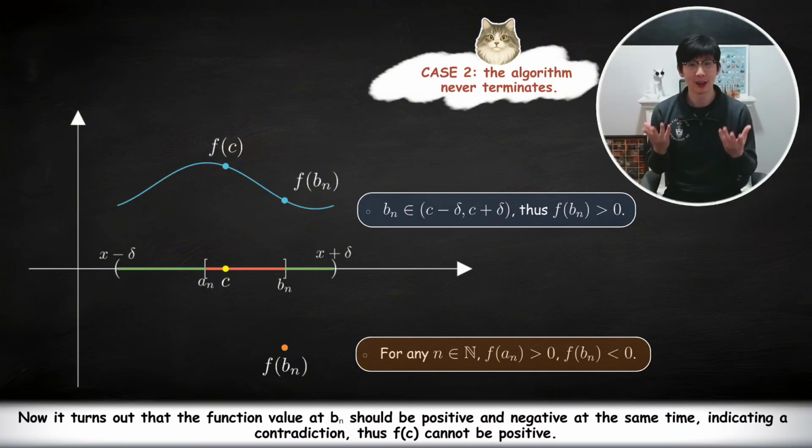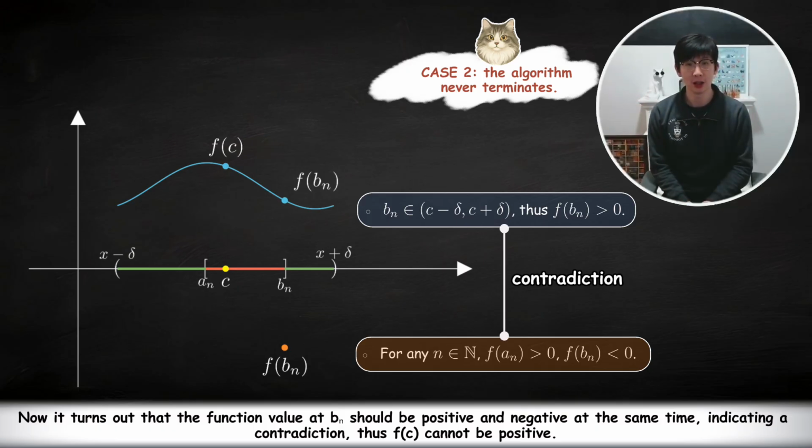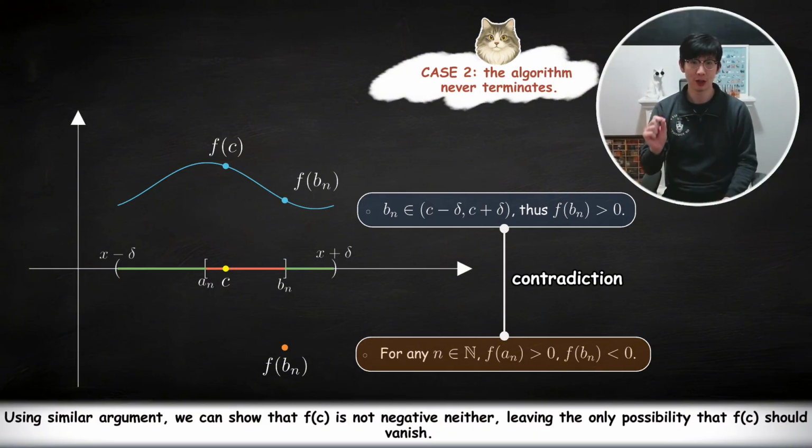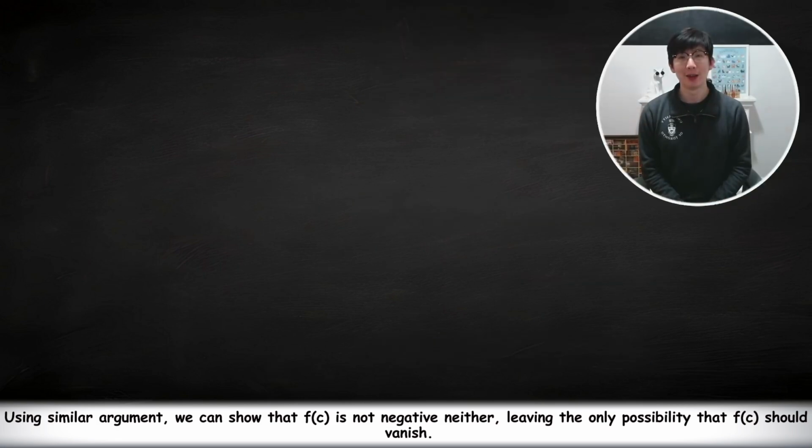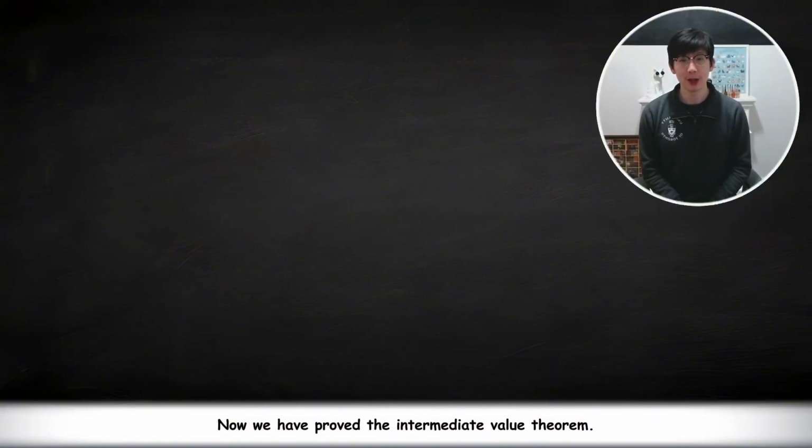Now it turns out that the function value at b_n should be positive and negative at the same time, indicating a contradiction. Thus, f(c) cannot be positive. Using a similar argument, we can show that f(c) is not negative either, leaving the only possibility that f(c) should vanish. Now we have proved the intermediate value theorem.